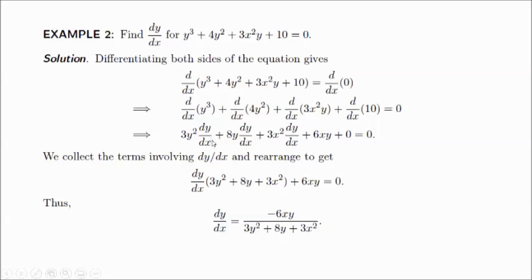So factor out yung dy over dx. So 3y squared plus 8y plus 3x squared, ito, then plus 6xy. Transpose si 6xy, kaya magiging negative 6xy. And then ibababa ito. So this will be the derivative kumbaga.